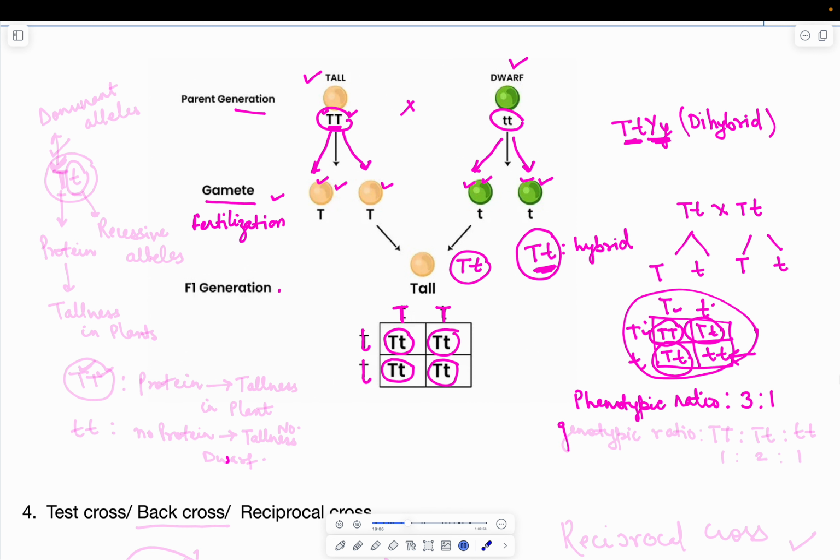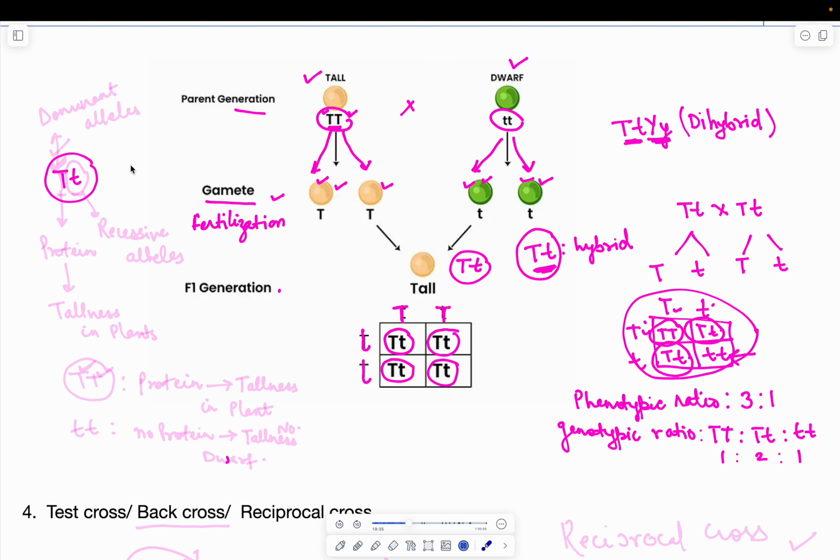And if you want to find out the genotypic ratio, the genetic constitution, you have one individual who is homozygous dominant, two individuals who are hybrid, and one individual who is homozygous recessive. So the genotypic ratio comes out to be 1:2:1.